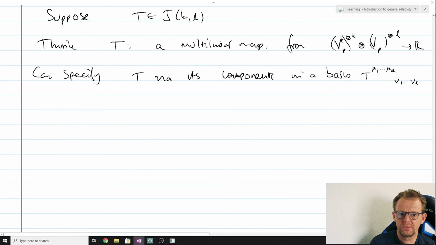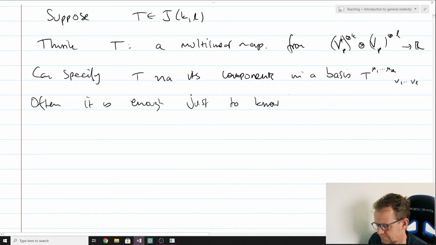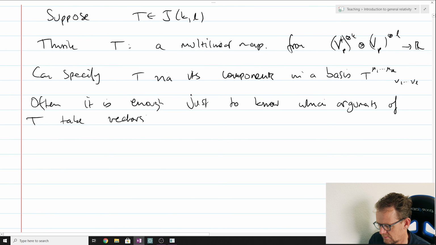However, for many manipulations, especially ones where you want to get a basis independent answer, you don't really need the actual components. You can do many manipulations without referring to components. In fact, often it is enough just to know which arguments of T take vectors or dual vectors.